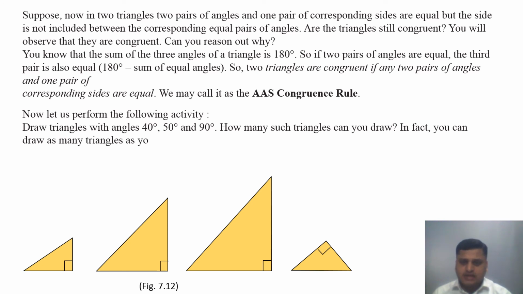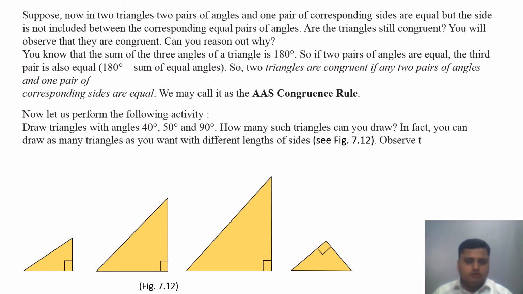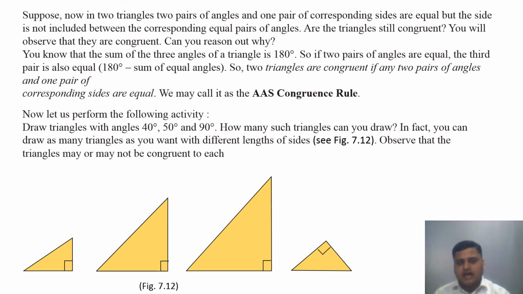How many such triangles can you draw? In fact, you can draw as many triangles as you like with different side lengths. You can see this figure also. Now what do you observe? The triangles may or may not be congruent to each other.